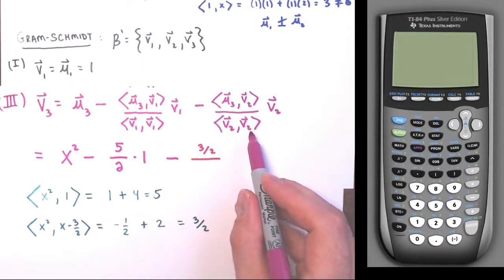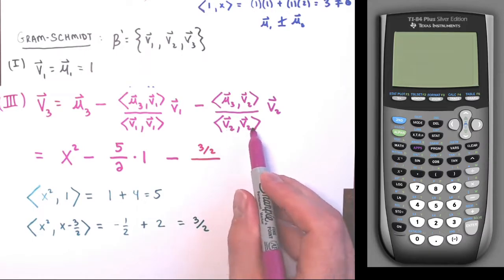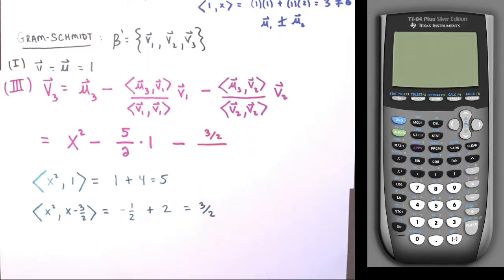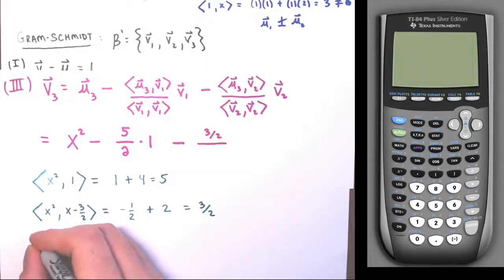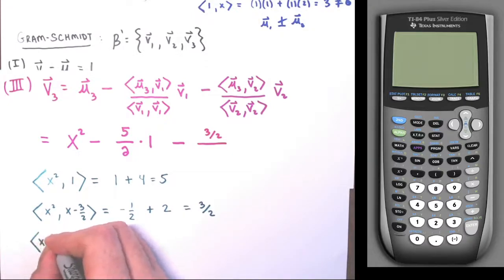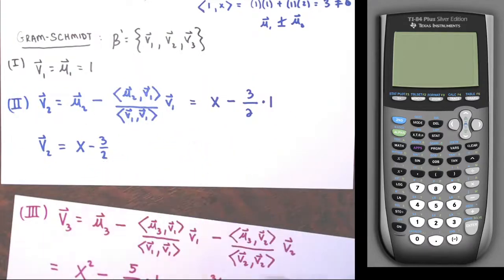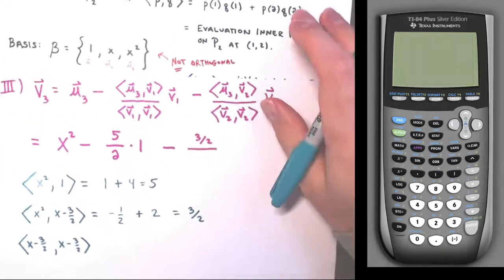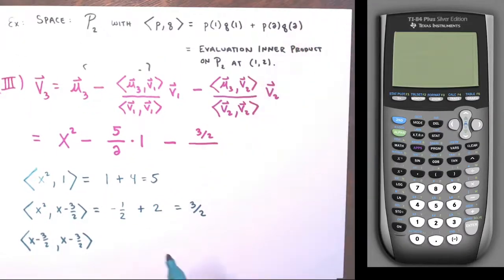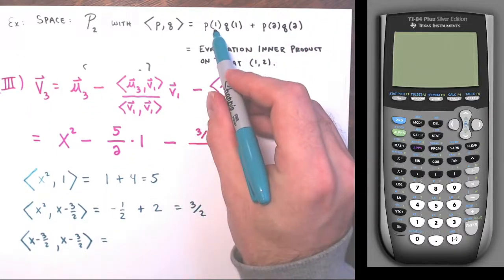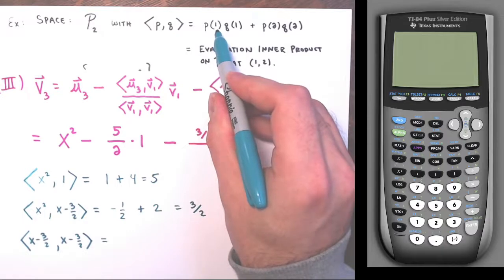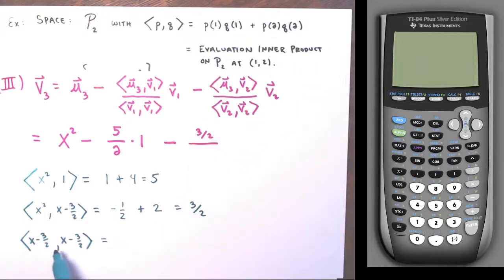The denominator is, what's the inner product of v2 with v2? So what's the inner product of x minus 3 halves with x minus 3 halves? That was v2 that I found earlier. So back to the inner product rule. The first term is the value at 1 squared, because of the same polynomial. Now 1 minus 3 halves is negative half, but squared would be a quarter.